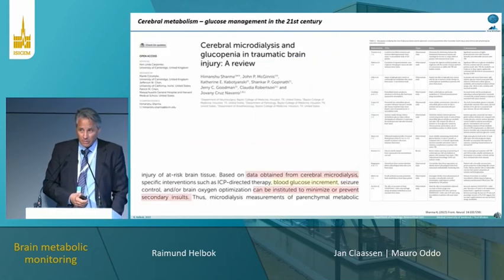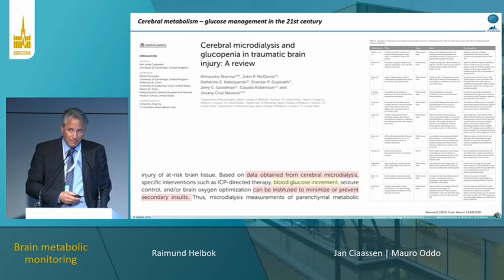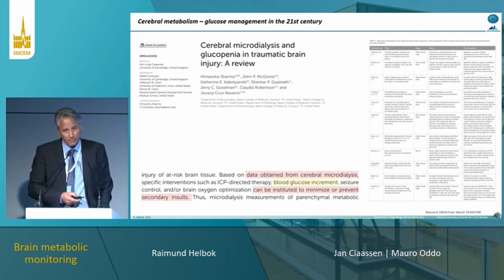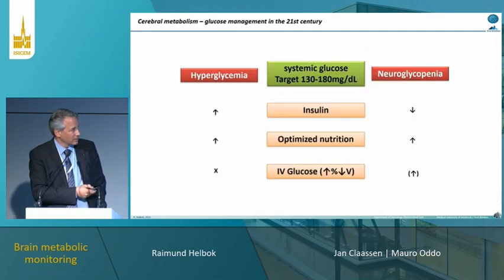So the question is what the optimal target is, and this is a very recent review, just published a few weeks ago, about studies on traumatic brain injury. And the authors concluded that blood glucose increment is a potential option, especially if we see that cerebral glucose is decreasing.